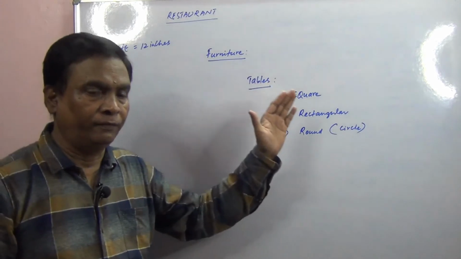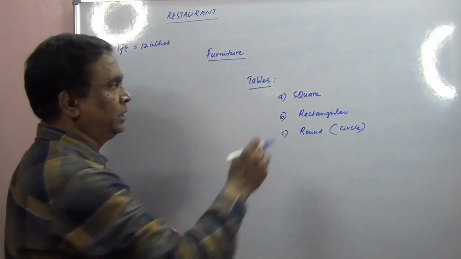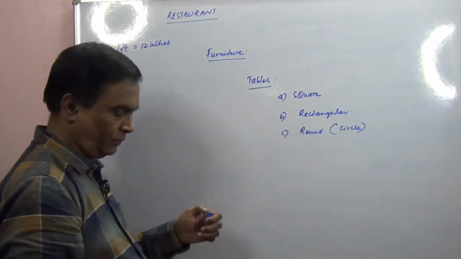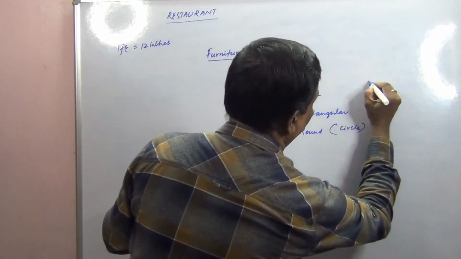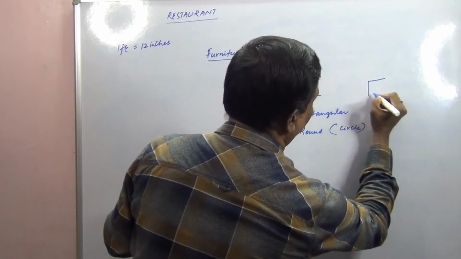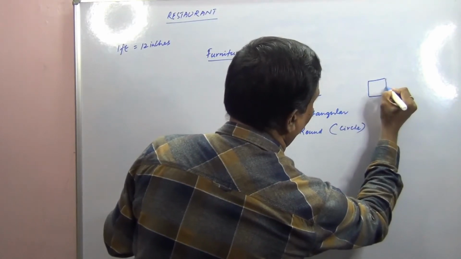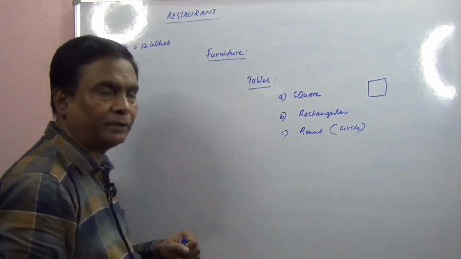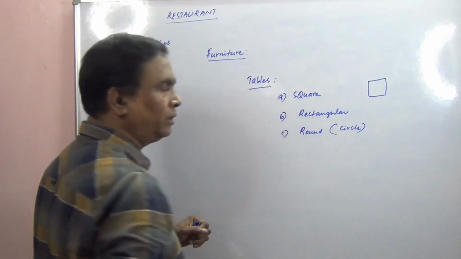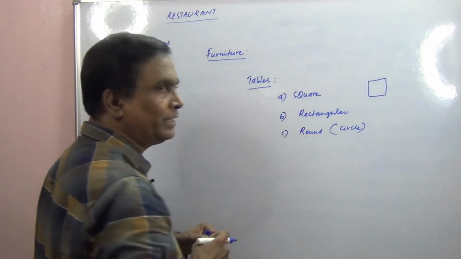So we know very well that square means what? All sides are equal. So for example, like this, all sides are equal. Rectangular, opposite sides are equal.